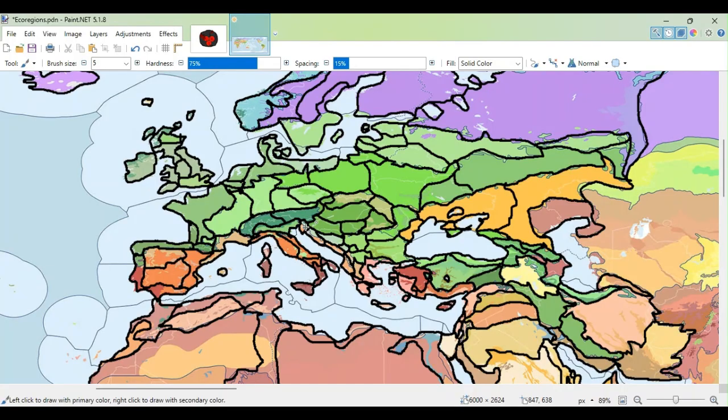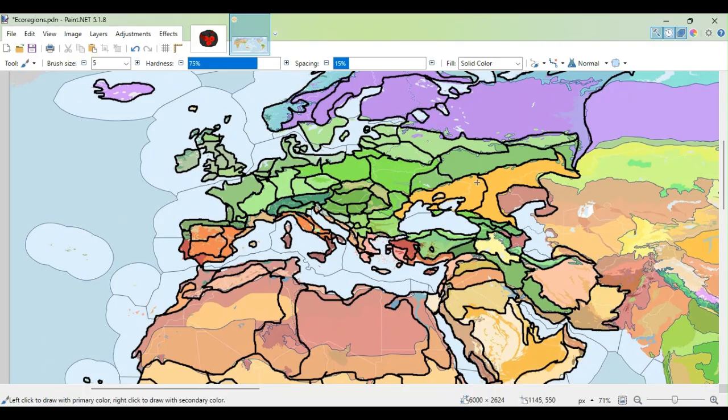Honestly, the north and the east are the ones more closely related to the actual ecoregions, while the west and the Balkans especially, shout out to the keyboard warriors.